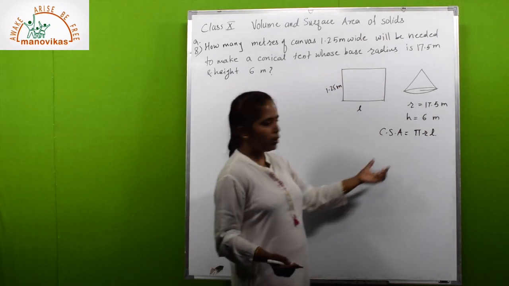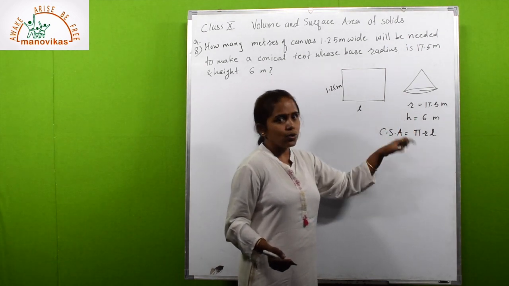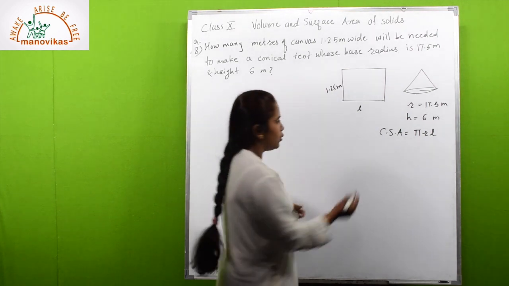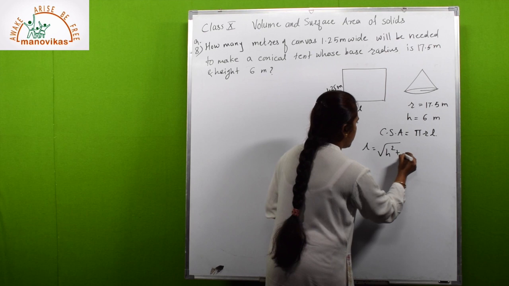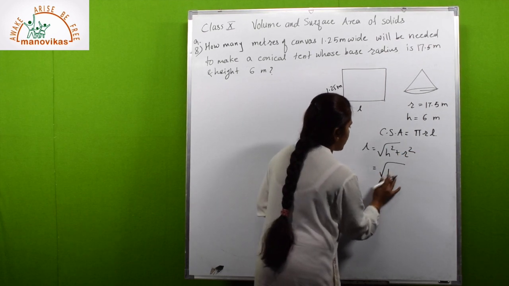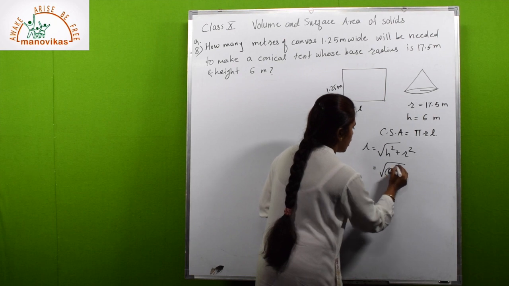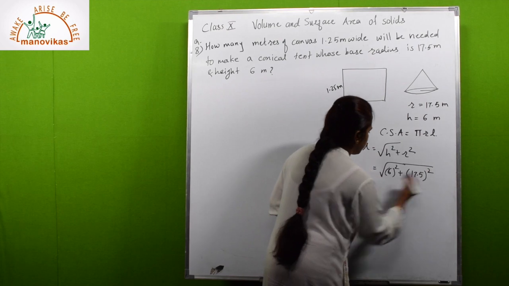Now for the cone, R and H value is given, we don't know the L value. So first we have to find the L value, that is L is equal to square root of H square plus R square, which is equal to square root of, H value is 6, 17.5 is the R value.